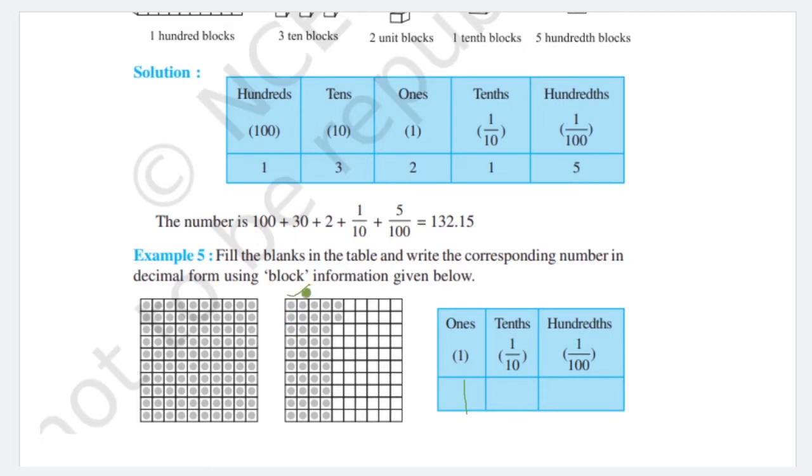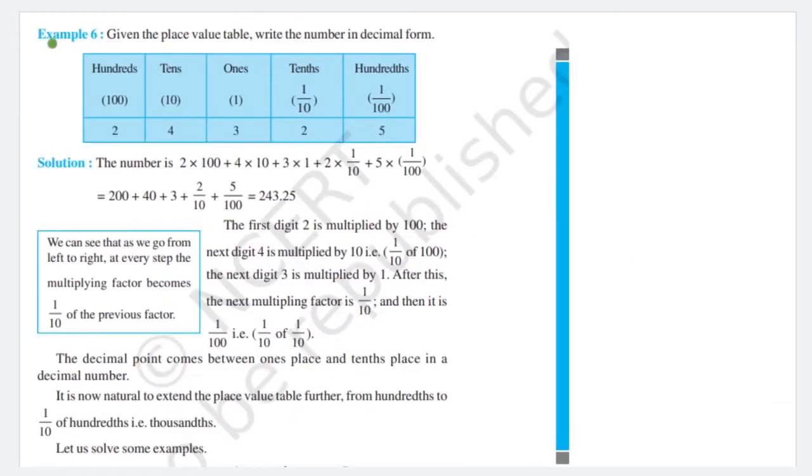See, this is 1, 2, 3, 4. 4 are there, so you'll write 4. In the 100ths, how many small squares are there? 2. So you'll write here 2. So the answer would be 1.42. Coming to the next example.